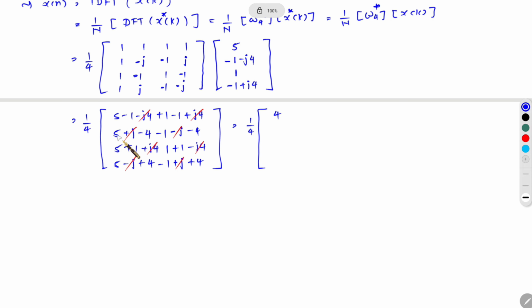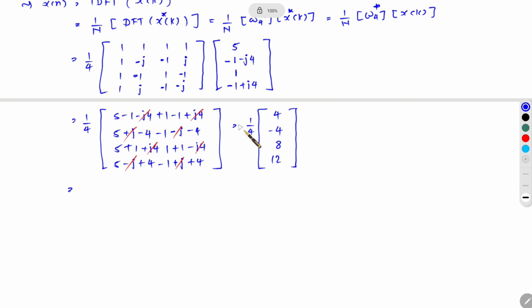Then 5 minus 1 minus 4 is 0, minus 4, that is minus 4. 5 plus 1 plus 1 plus 1 is 8. 5 minus 1 plus 4, so plus 4, that will be 12 over here.